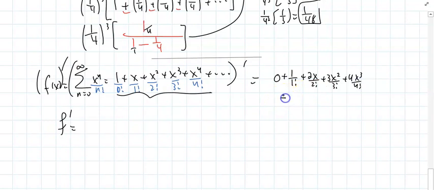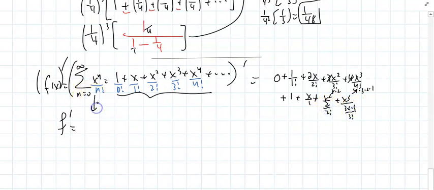Wouldn't that be 1 plus x over 1 plus x squared over 2, right? Hey, that's matching. That's still 2 factorial. Well, no worries.